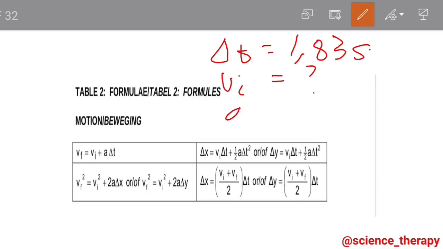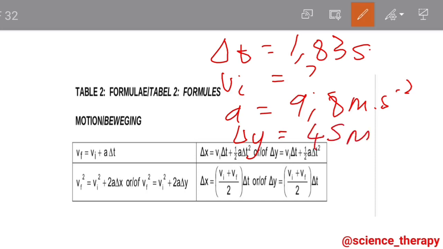Our acceleration, remember, downward is positive, so it's positive 9.8 meters per second squared. And then what else do we have? We know that ball B is also traveling a distance of 45 meters because it was thrown at the same height as ball A, right? Now, having all that, which formula fits perfectly to all the data that we have, right?